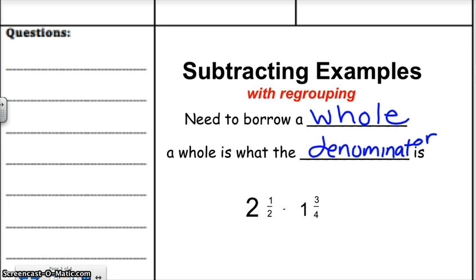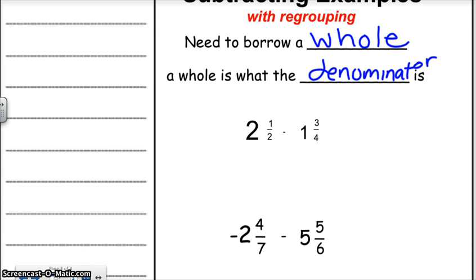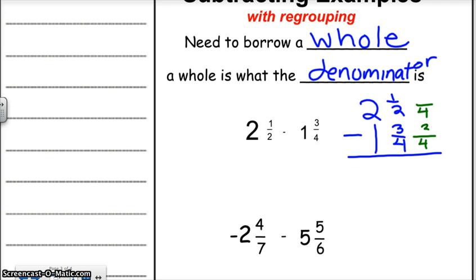All right, so whenever I subtract, I always like it in a vertical format. So I like to do 2 1/2, take away 1 3/4. It just works better for me. What's my common denominator? 4. So I'm just going to rewrite it. Okay, right? You agree? All right, so now, can I take 3 away from 2, yes or no? No, so I need to borrow.